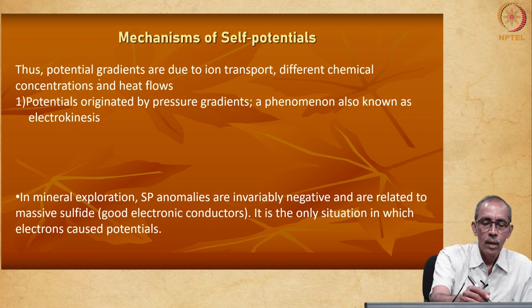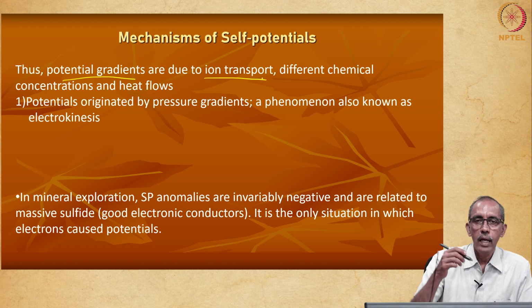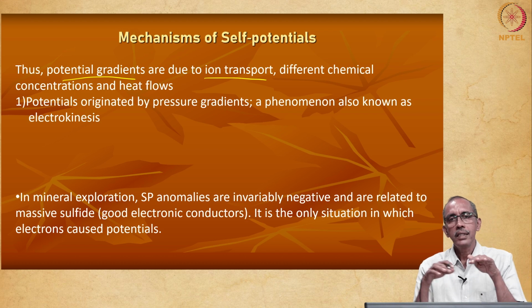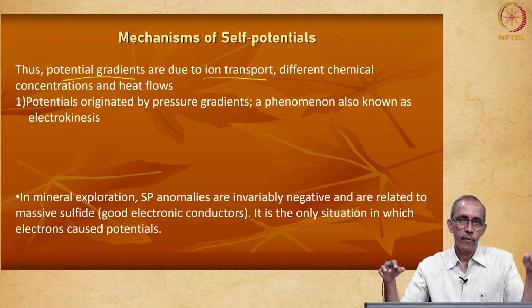First is potential gradients. We have already seen that it depends on the way in which ions are getting transported. How are the ions transported? Ions are transported because of changes in the chemical concentration of ions in water.